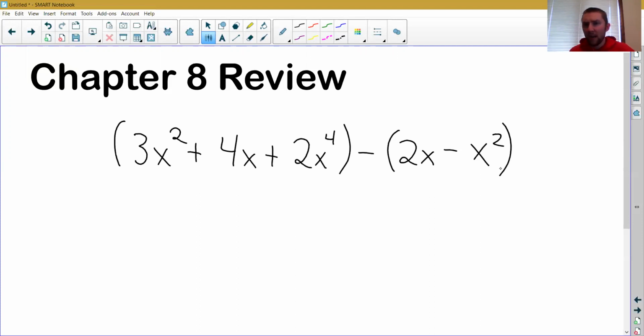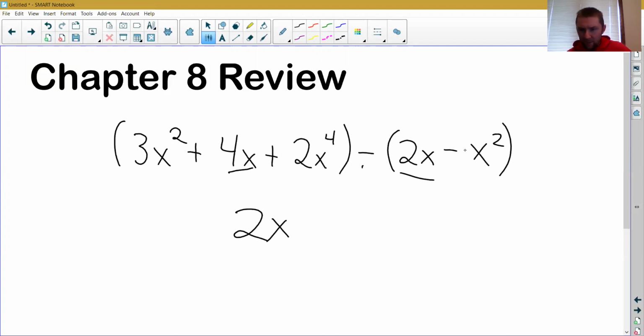Okay, so let's say we're asked to subtract these polynomials. We simply look for the like terms in our two polynomials. In this first polynomial, I notice there's a 4x in the middle, and the first term of the one I'm subtracting is 2x. So I can do 4x minus 2x, which is going to leave me with 2x.